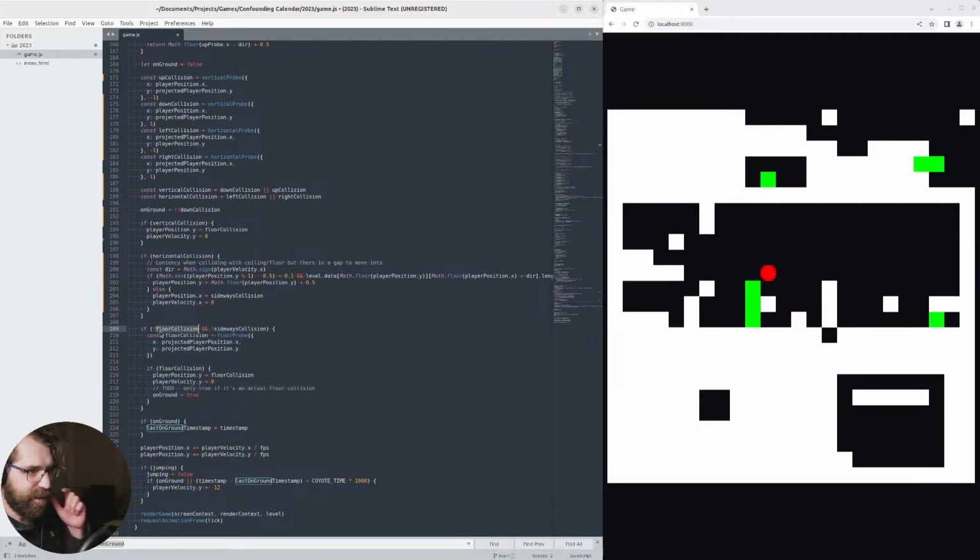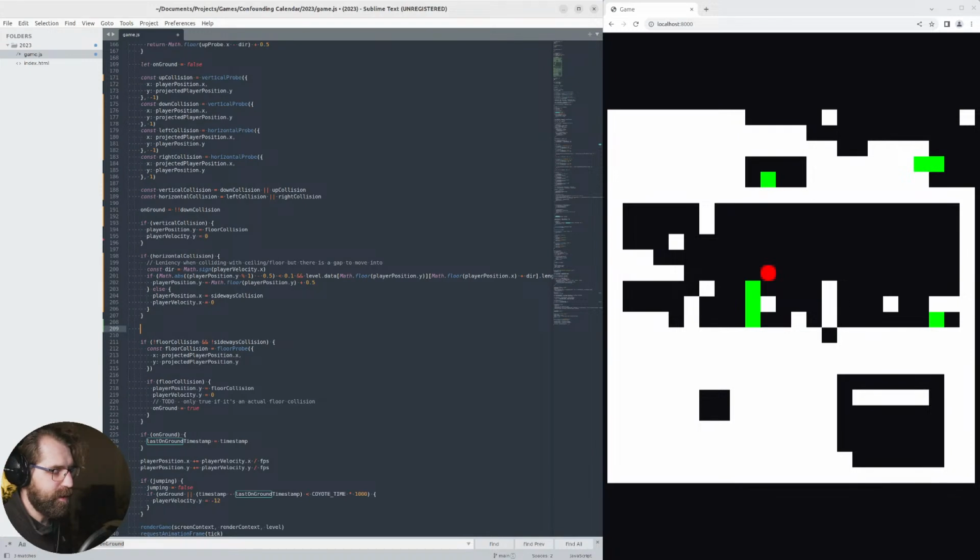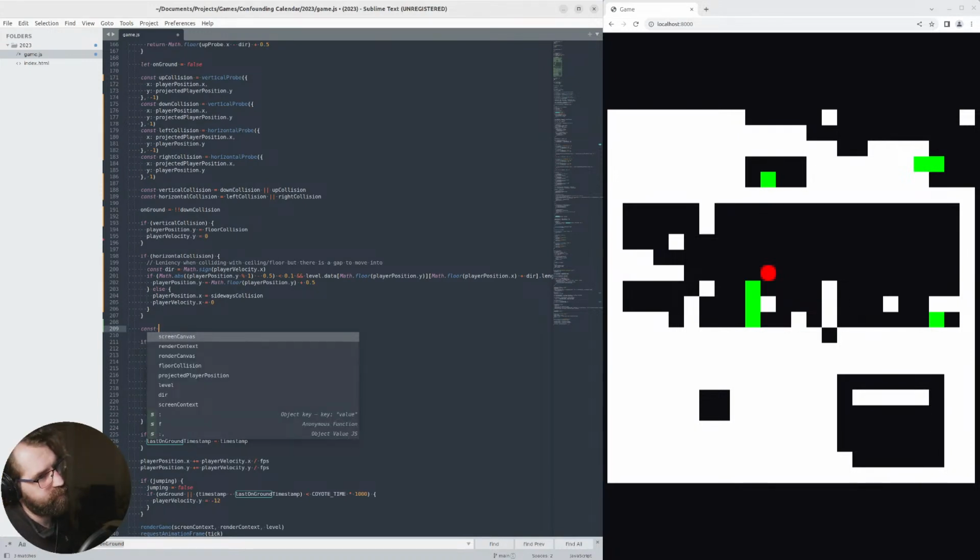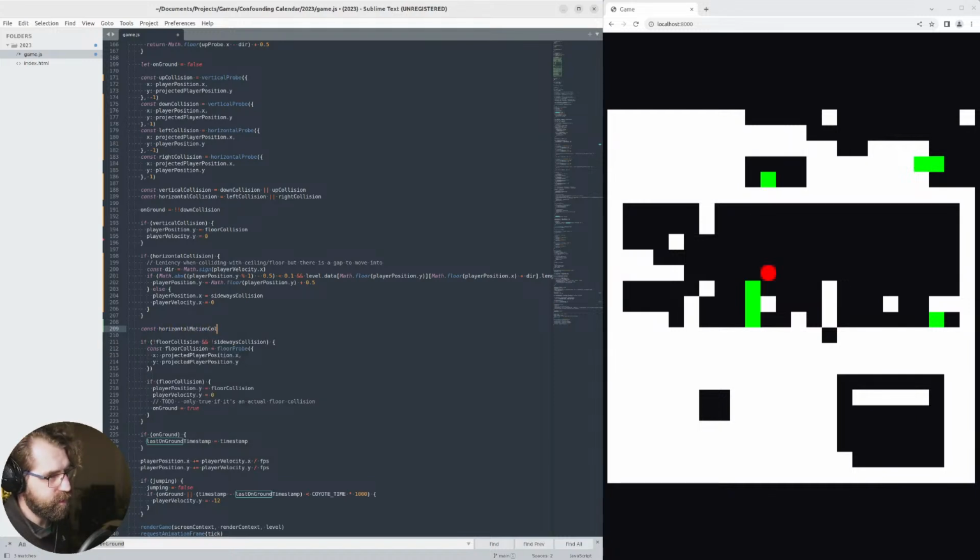So this bit I need to sort out. Okay, so all I need to do is horizontal motion collision. Yeah, this is fine.